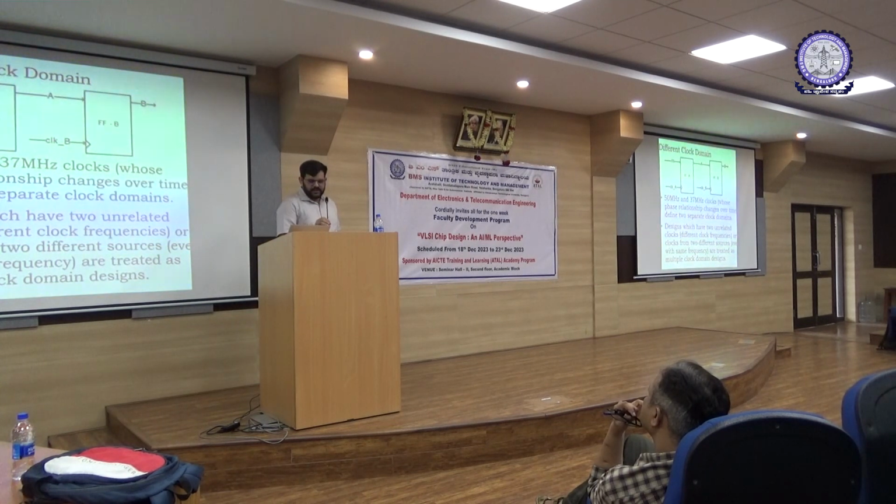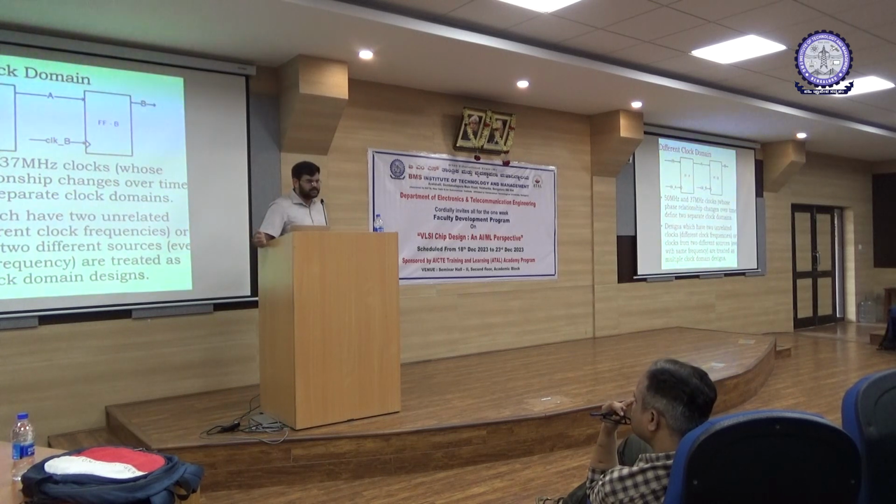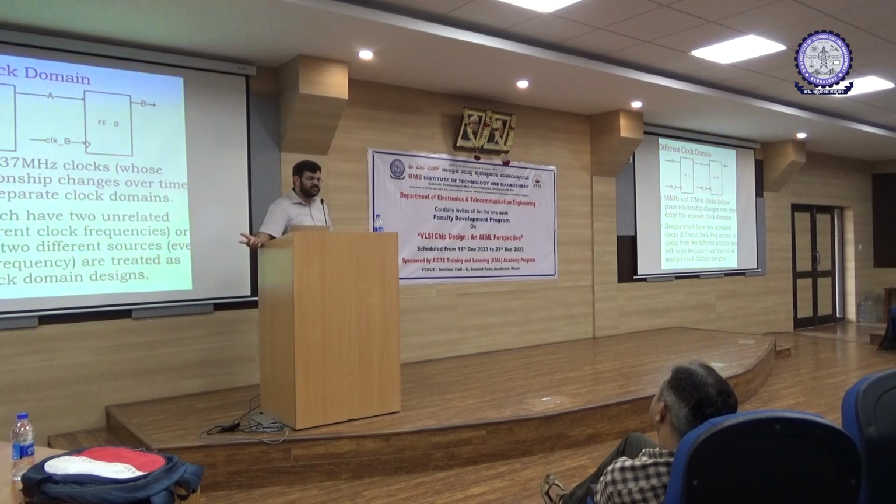Let me take one example, where clock A is 50 megahertz and clock B is 37 megahertz. If we draw the waveform for 50 and 37 megahertz, we will never be able to match the rising and falling edges of the clocks, which we call out of phase clocks.